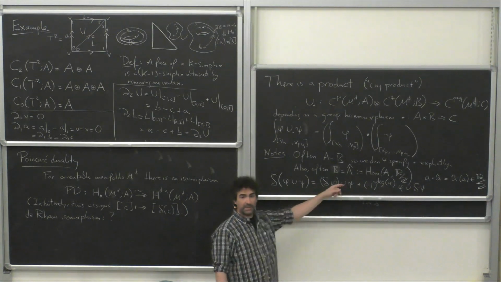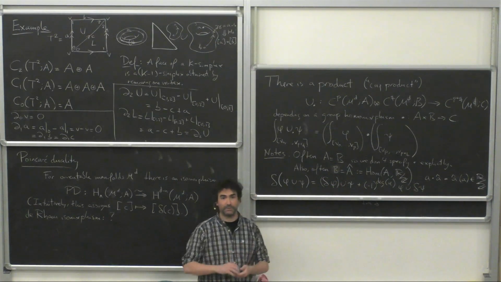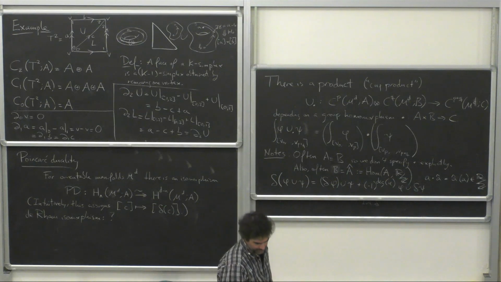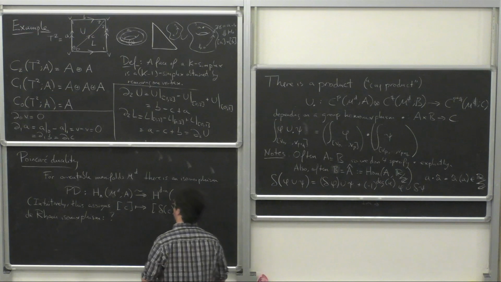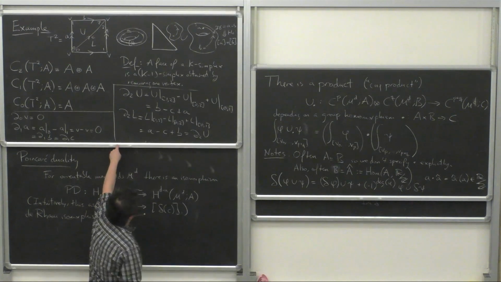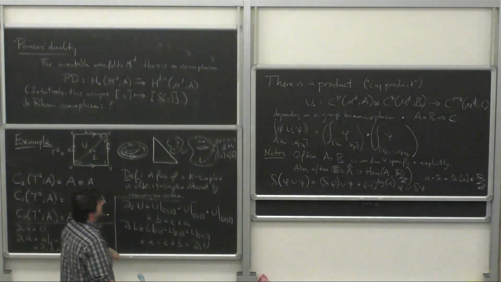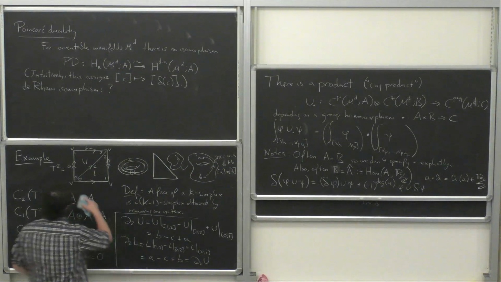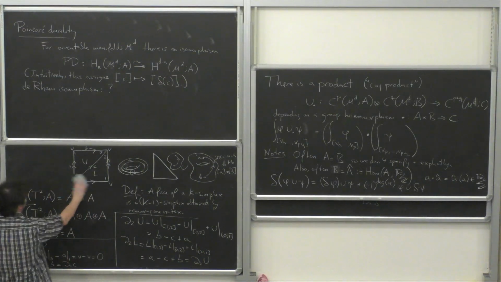So this is as in the case of the de Rham differential forms. One thing that's not as in the case of differential forms is that this product is not graded commutative on cochains.